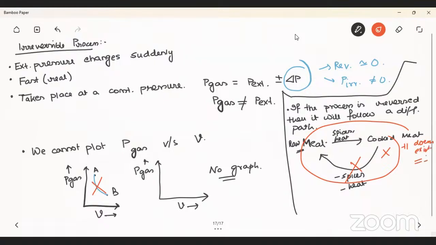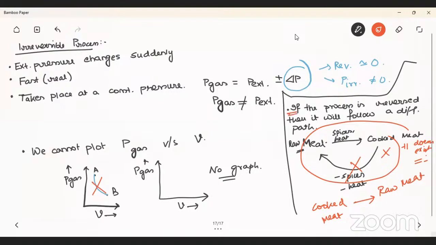So this is the fact. If you want to go from cooked meat to raw meat, if you become a scientist and want raw meat again from cooked meat, then you have to discover a whole new phenomenon. So first of all, an irreversible process can't be reversed.